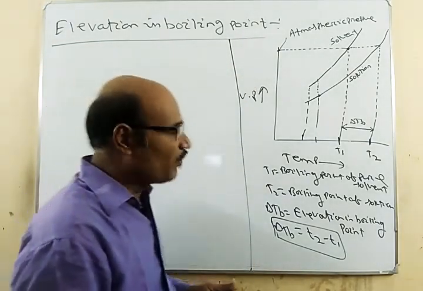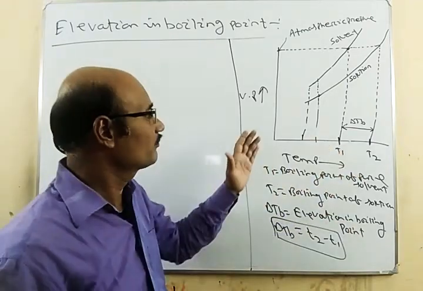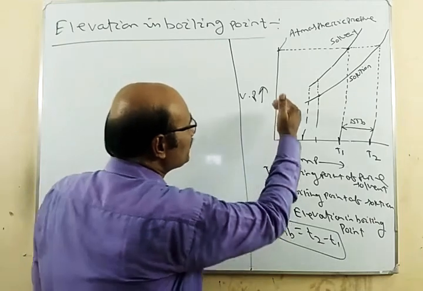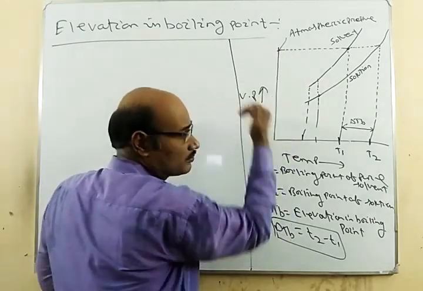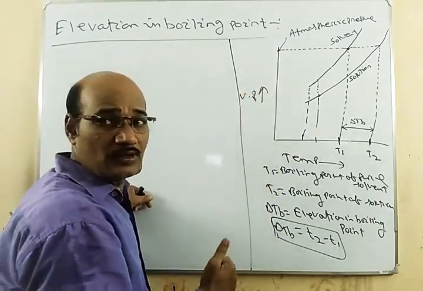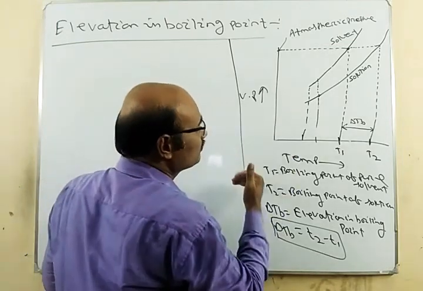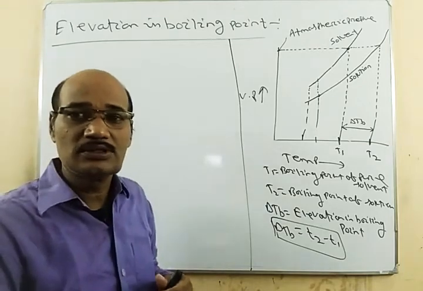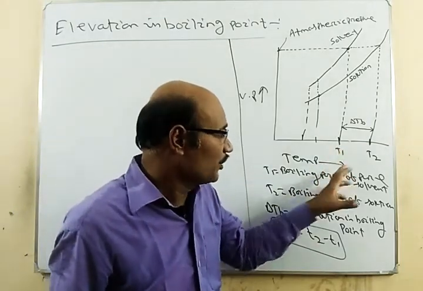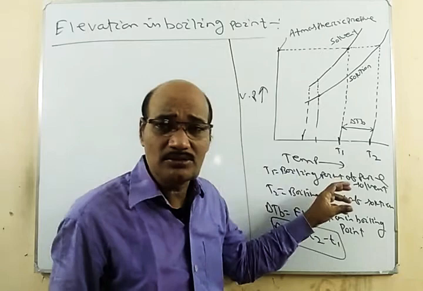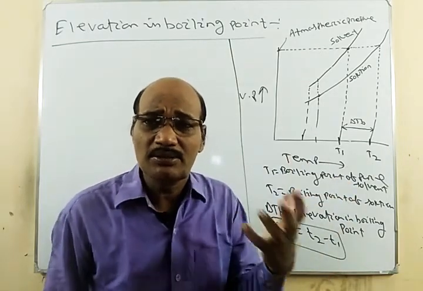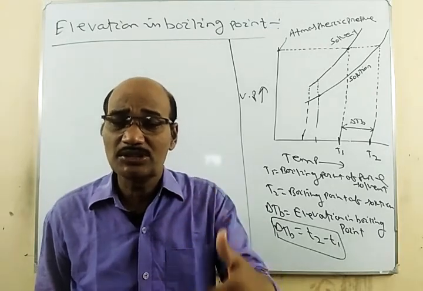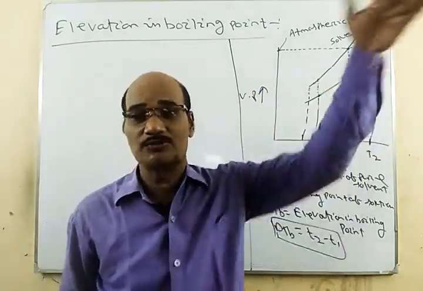Now, one thing you observe here: if you decrease the vapor pressure, the less the vapor pressure, the more will be the boiling point. Because the boiling point is the temperature at which the vapor pressure is equal to atmospheric pressure.